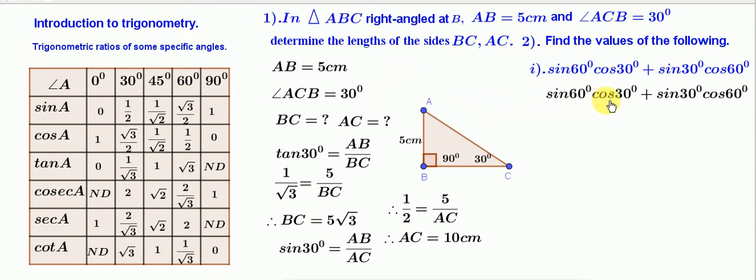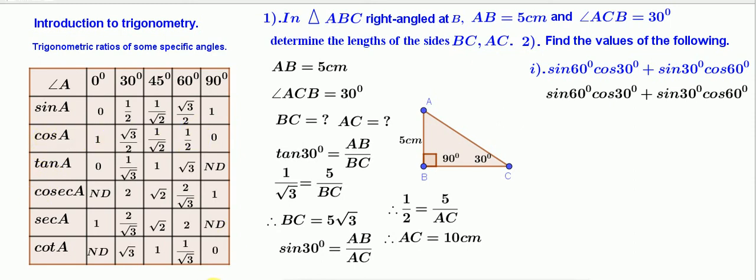We can find the values of sin 60 degree, cos 30 degree, sin 30 degree and cos 60 degree from this table. Sin 60 degree is equal to root 3 by 2. Cos 30 degree is also equal to root 3 by 2. Similarly, sin 30 degree is equal to 1 by 2 and cos 60 degree is equal to 1 by 2.